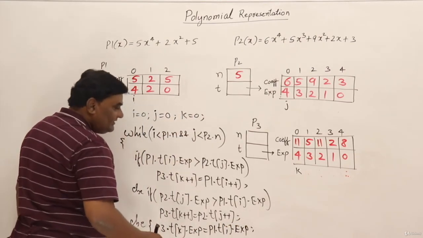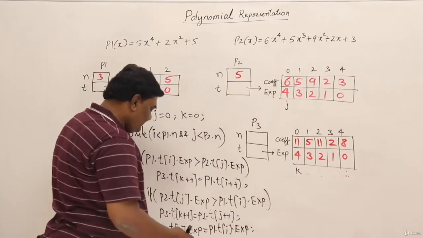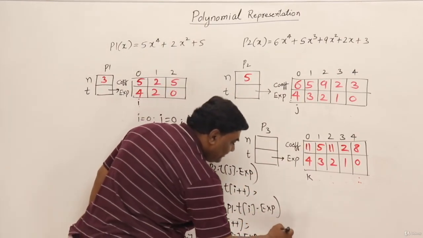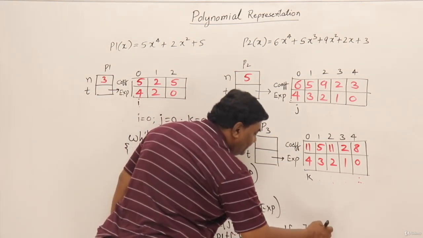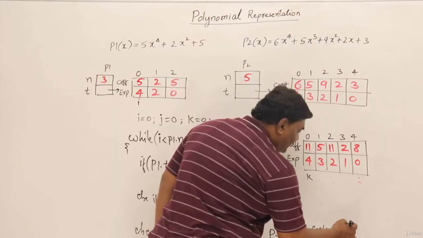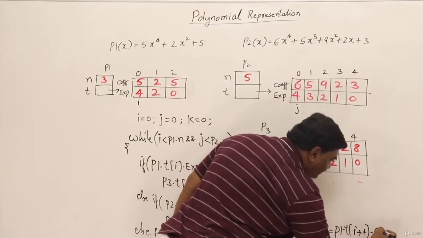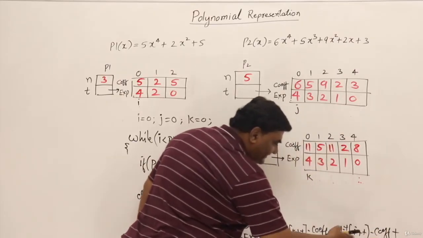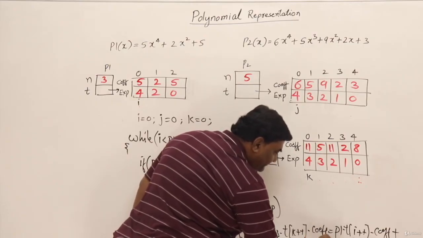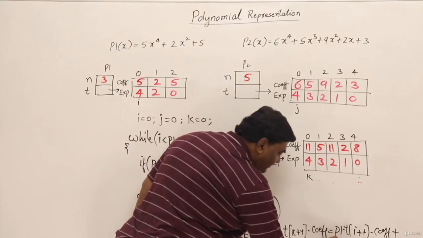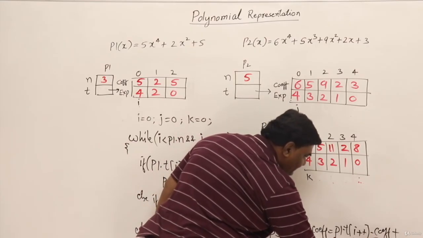So I will use a lower bracket. So this is copied. Then coefficients, I should add them. So P3 dot T of K plus plus dot coefficient should be equal to P1's T of I plus plus dot coefficient plus, there is no space, so I will continue in the next line, plus P2 dot T of J plus plus dot coefficient.